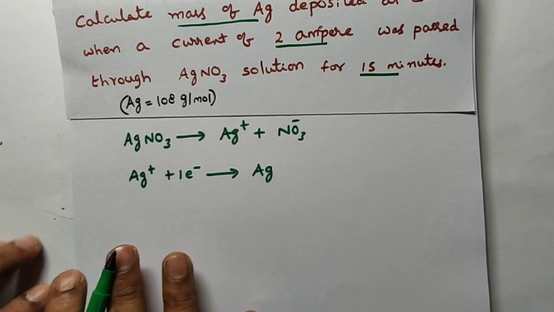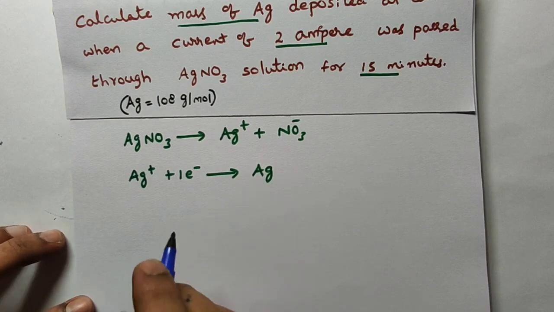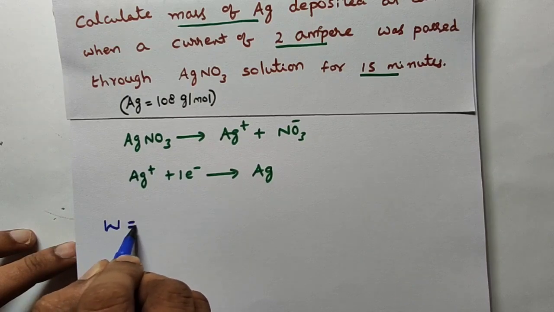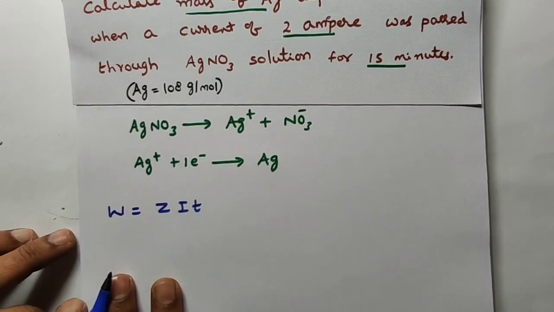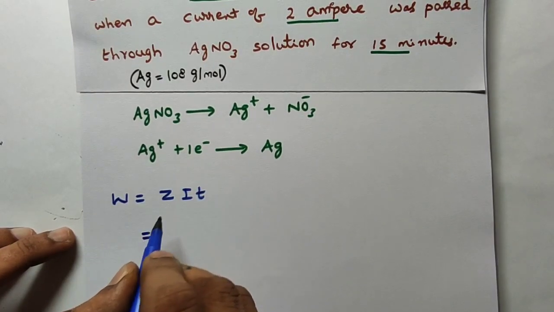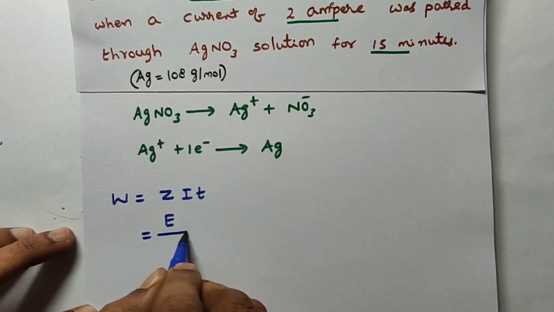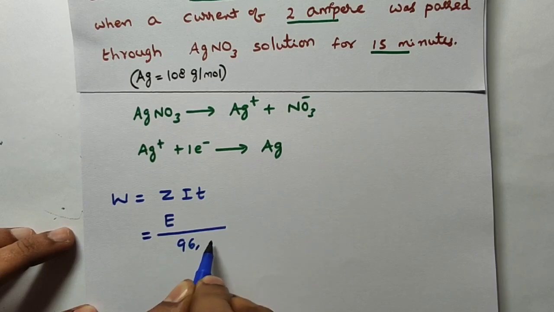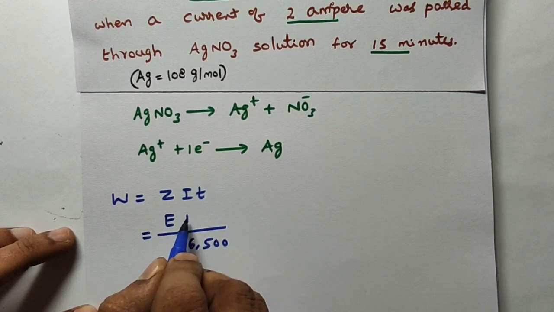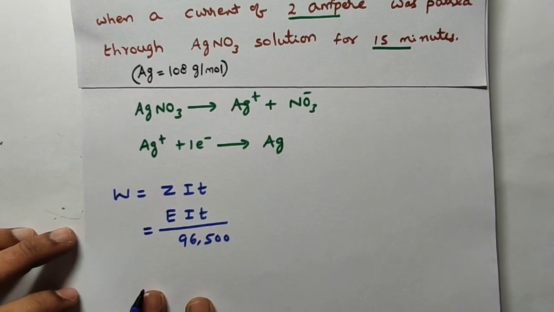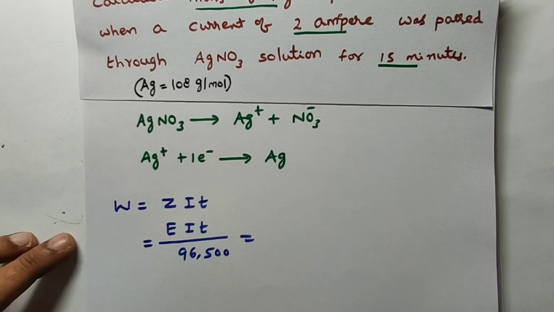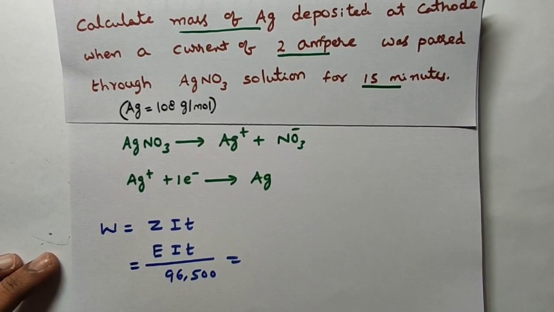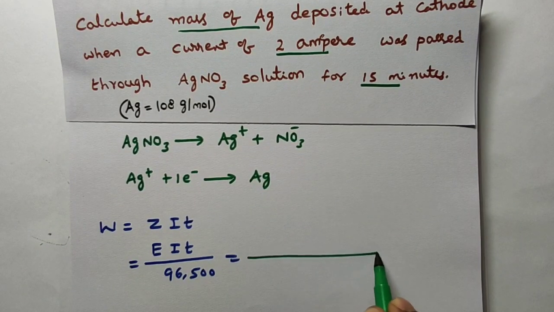Now we have to use the formula, Faraday first law. That is weight equal to Z into I into T, where Z equal to equivalent weight divided by 96,500. Remaining is I into T. Here equivalent weight equal to atomic mass divided by charge.